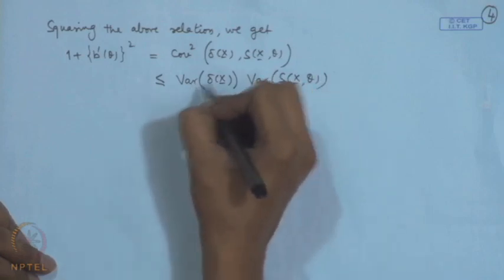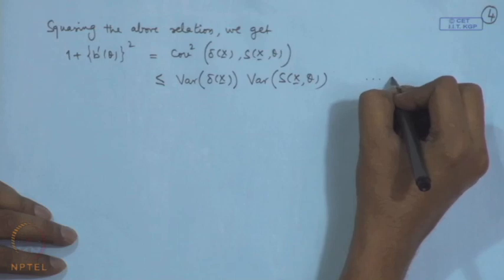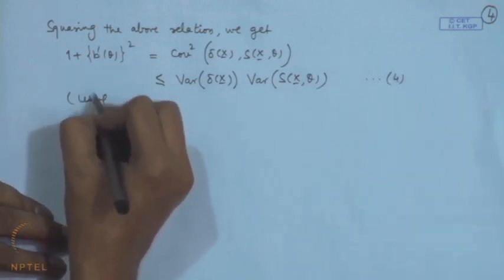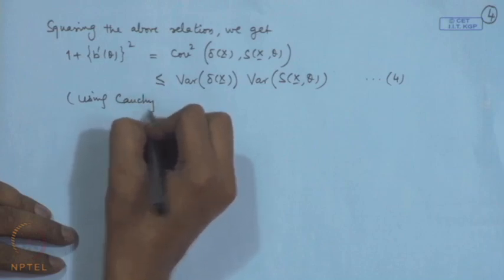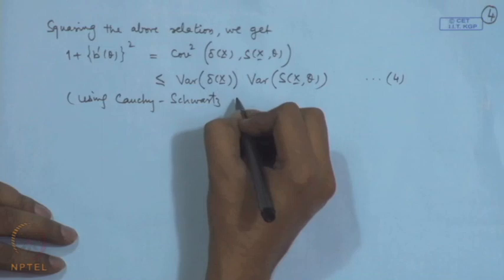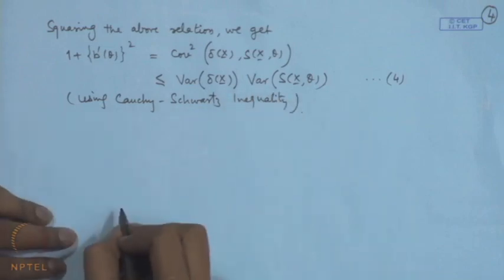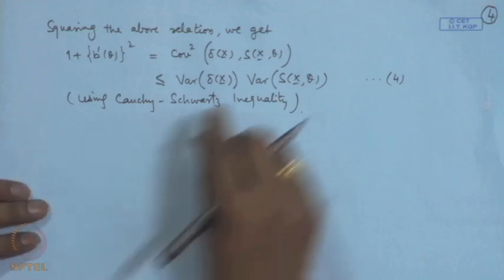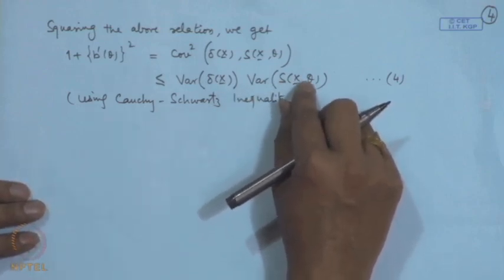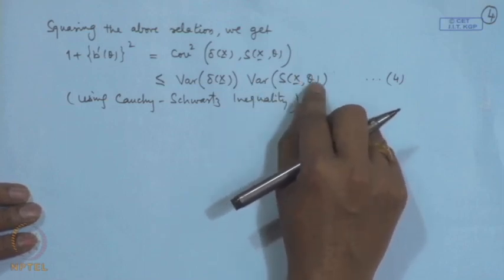This is true in general, using the Cauchy-Schwarz inequality. Now, once again, since expectation of S x theta is 0, variance is nothing but expectation of S square.